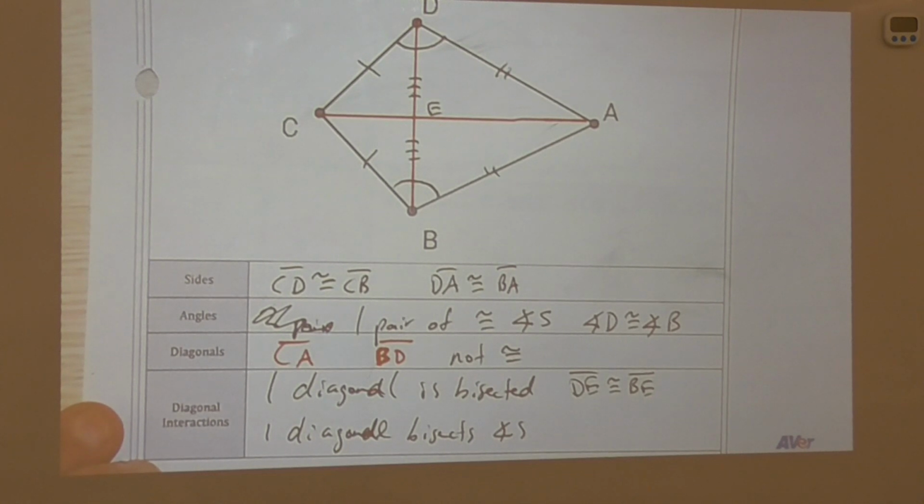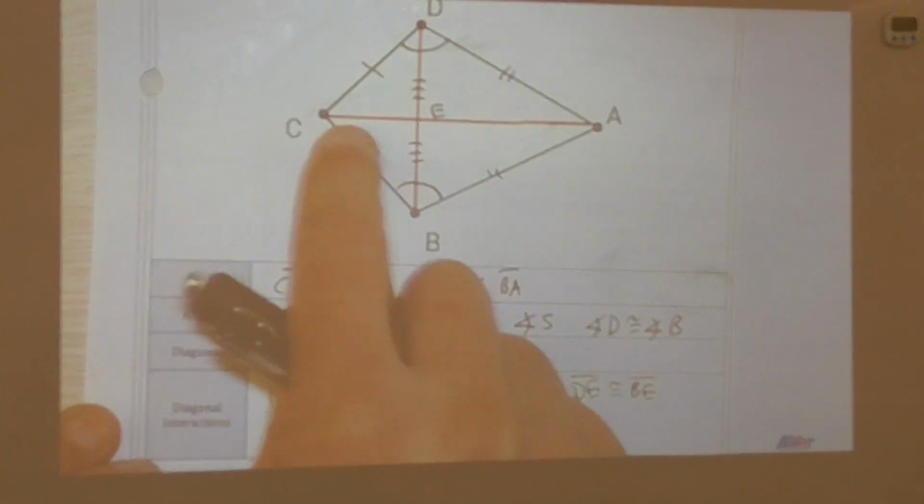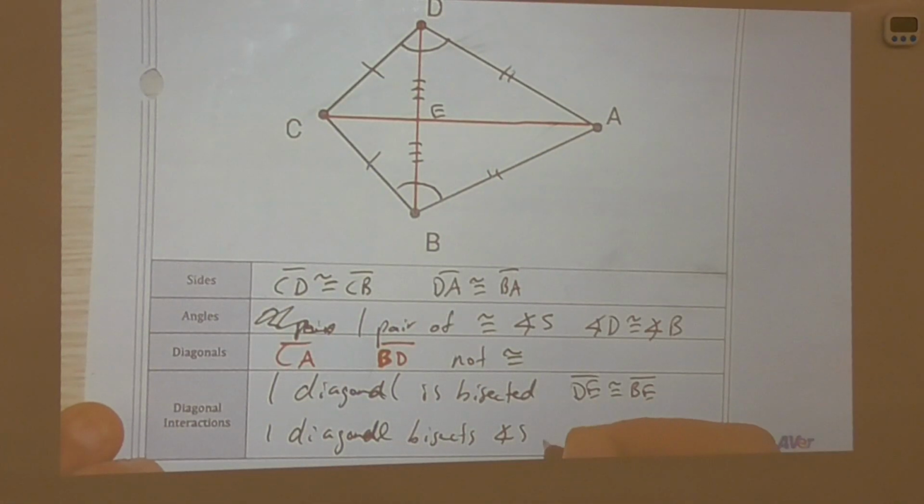The diagonal that bisects angles is CA. So we can mark those angles.